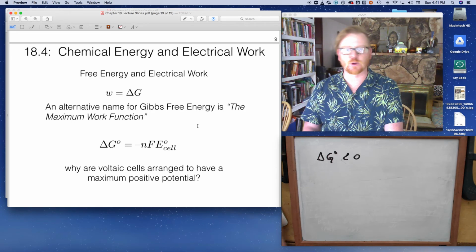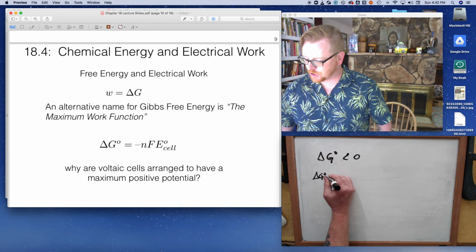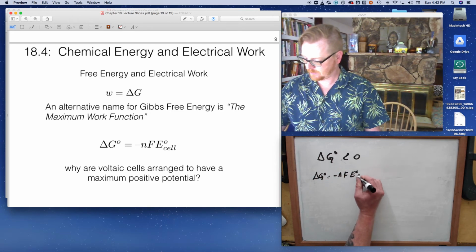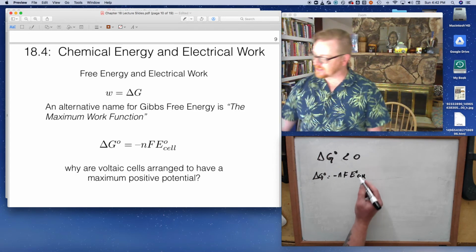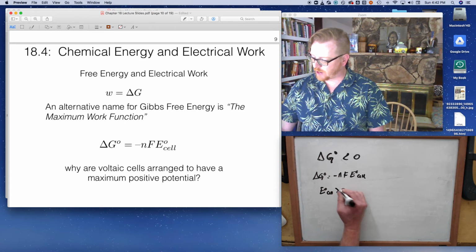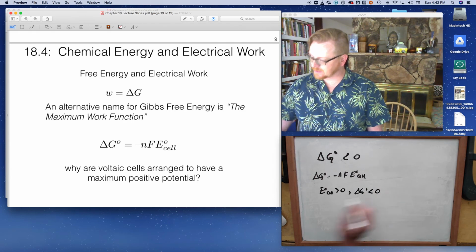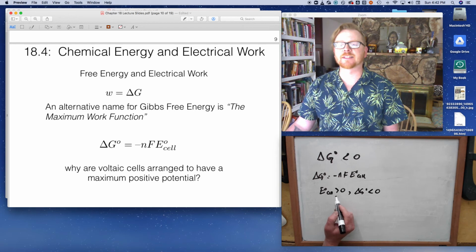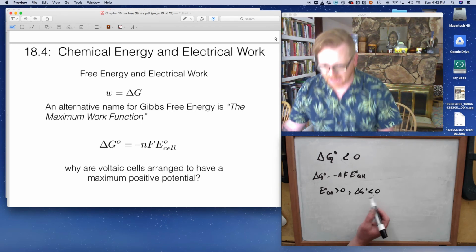Okay? So if work equals delta G, then quite simply, delta G equals negative NF E cell. Okay? And if E cell is greater than 0, then delta G is less than 0, and thus all positive cell potentials will proceed spontaneously.